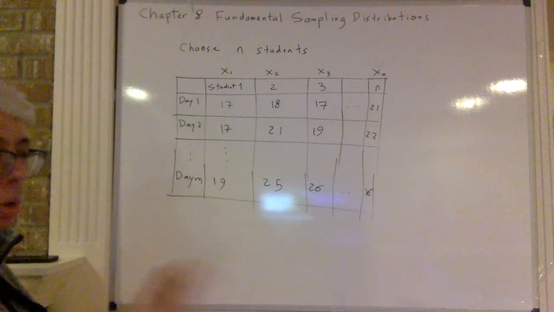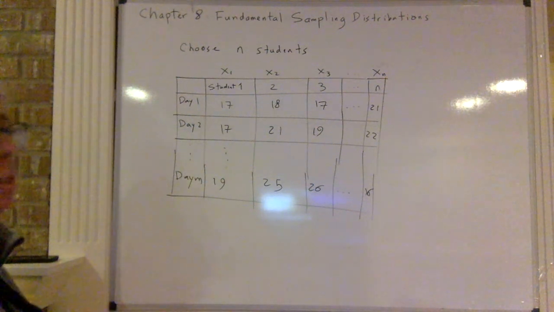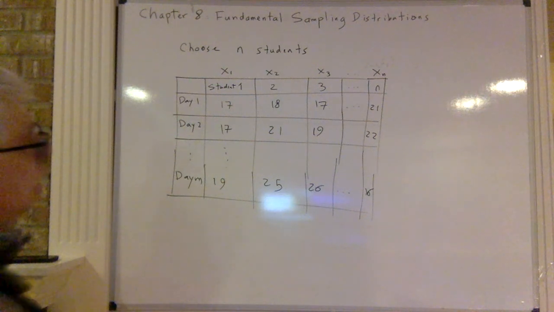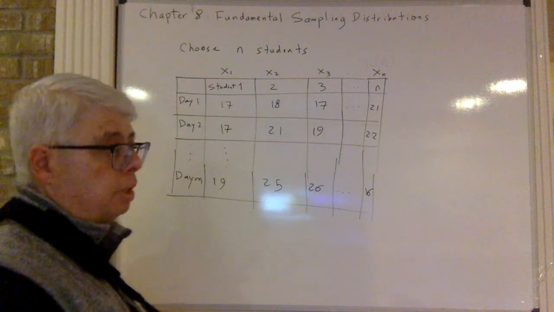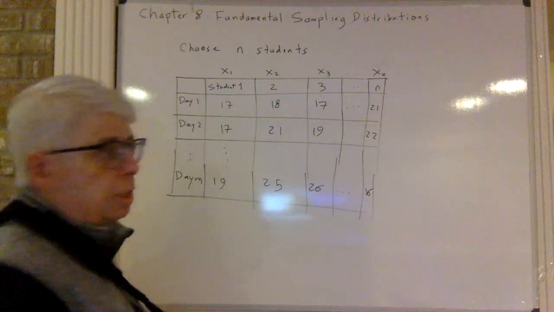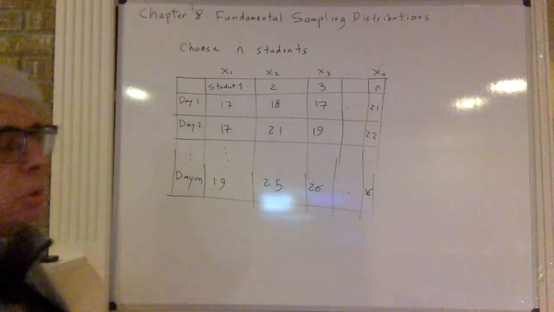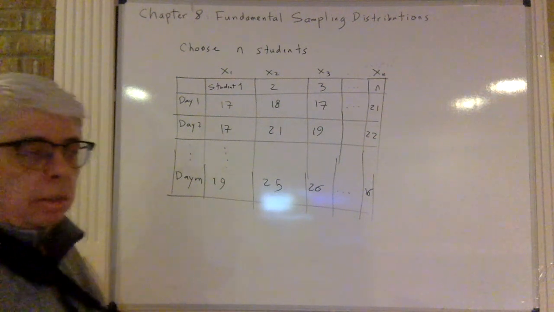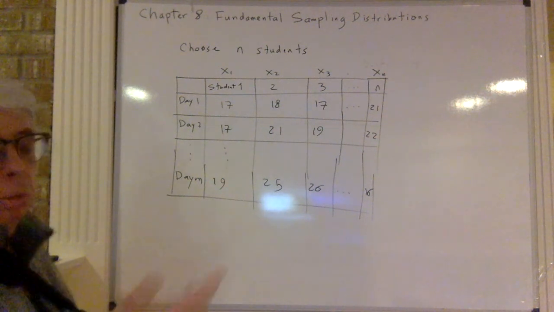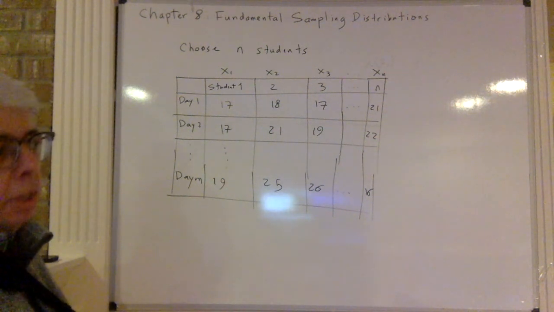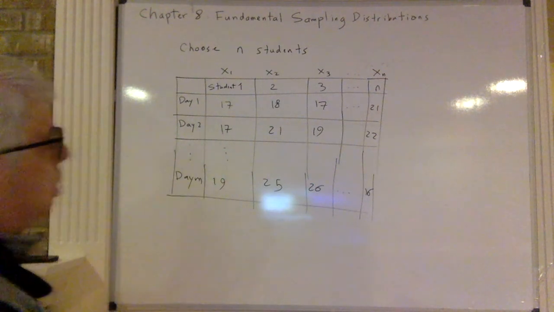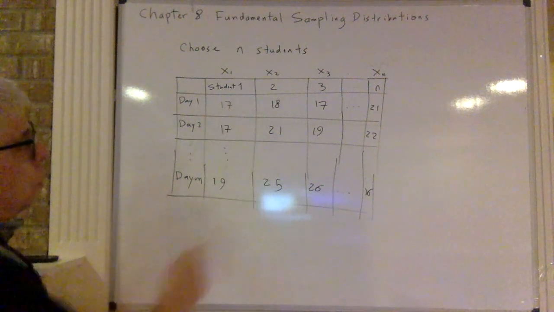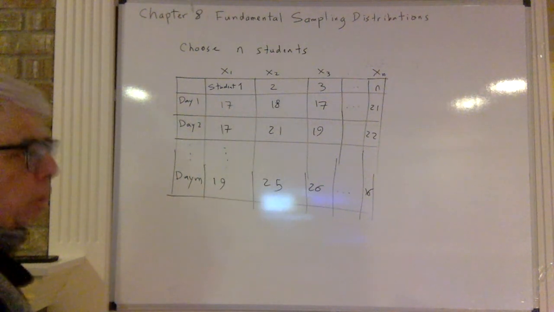So each student is acting like a random variable. So each student picks one student from the population and in a sense assigns a number to that student. Yeah, you might say, okay, he doesn't assign anything, he asks, but okay, it's like assigning a number to that student. The second one, the third one, until the nth one.